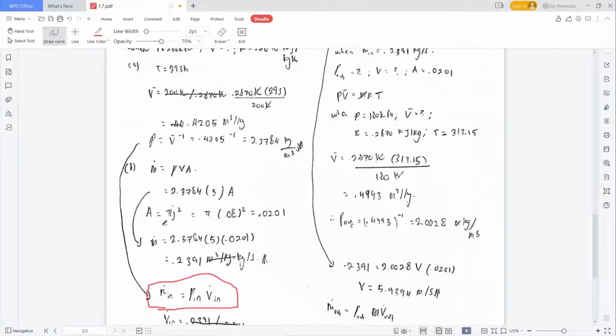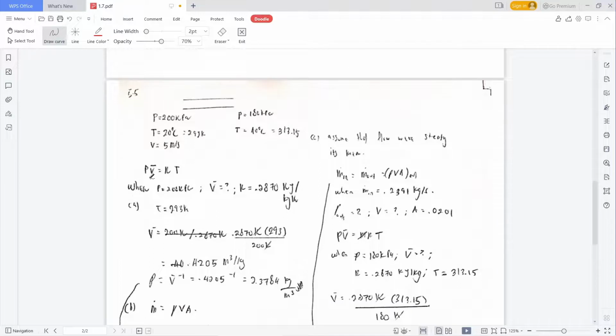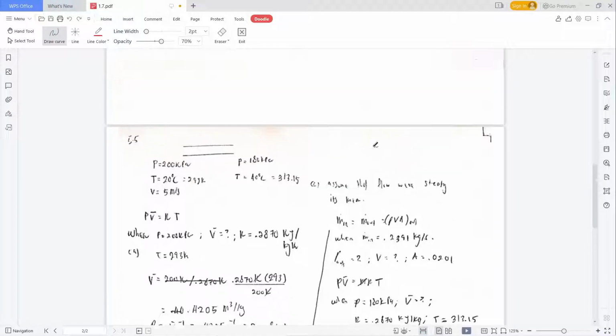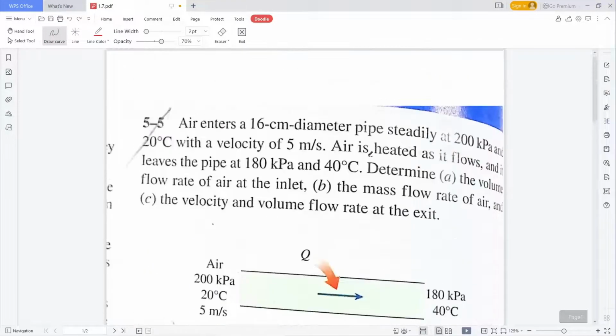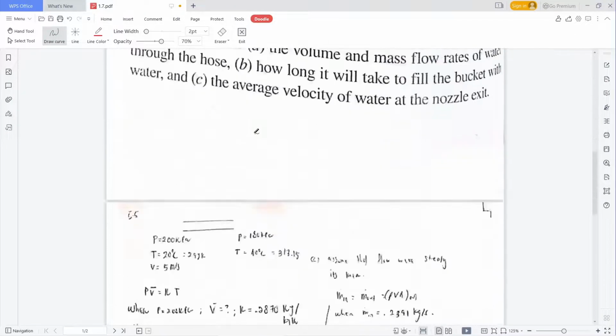To get the specific volume or density, we can get the specific volume from the gas constant equation. It is only valid if the fluid is 100% in gas form. Since in this question the fluid is air, we consider it to be in the form of a gas, so we can use this equation.